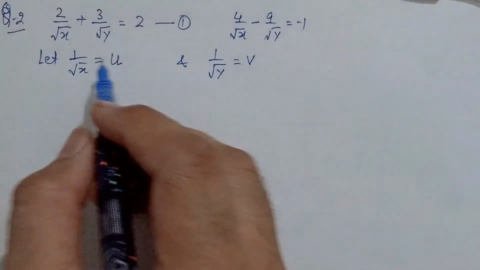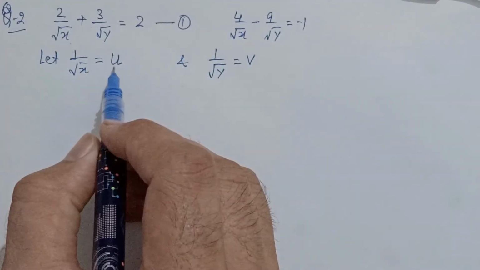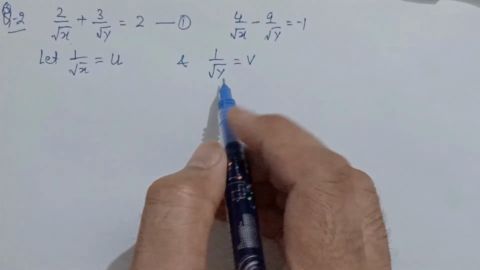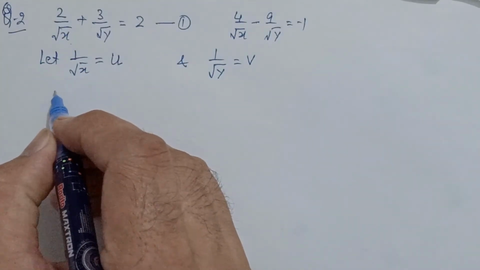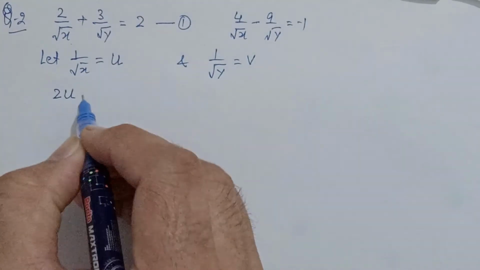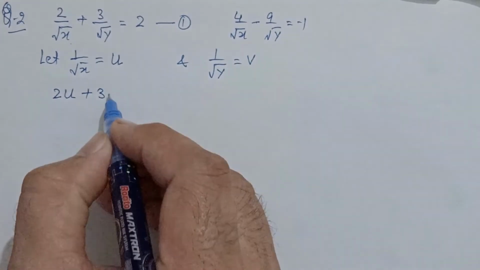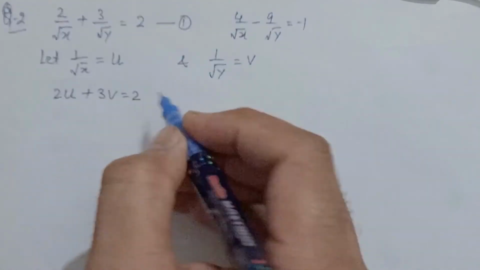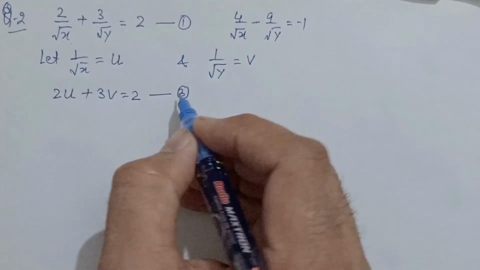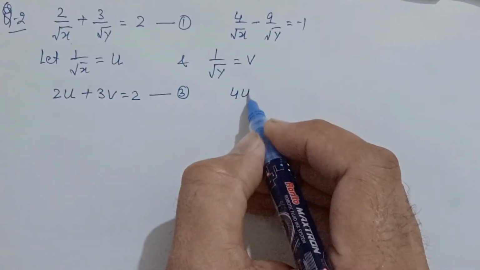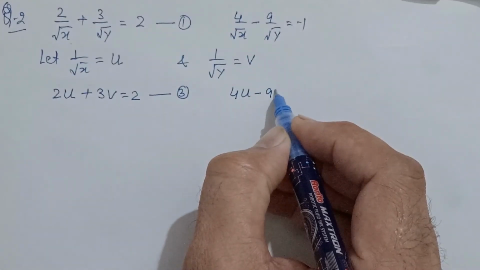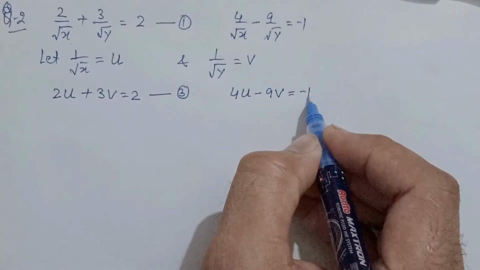Now substitute these values of 1 upon root x and 1 upon root y. So our equation becomes 2u plus 3v is equal to 2. This is equation number 3. And 4u minus 9v is equal to minus 1, equation number 4.